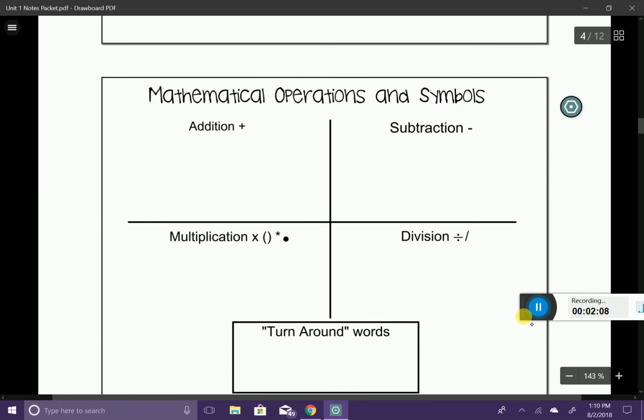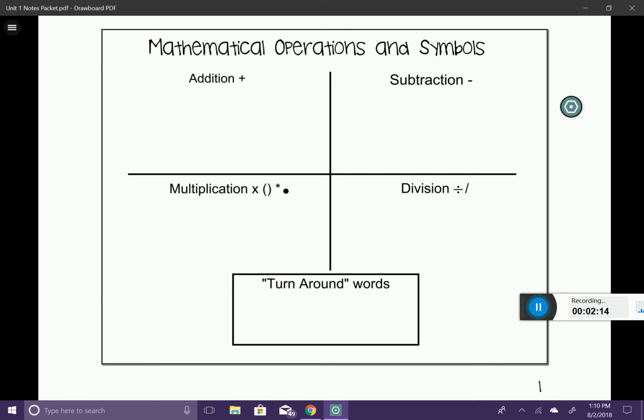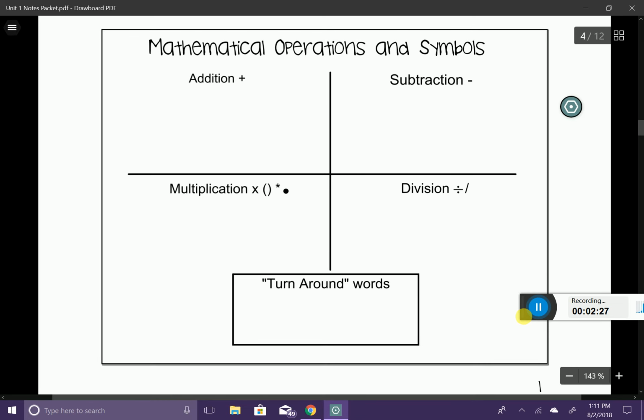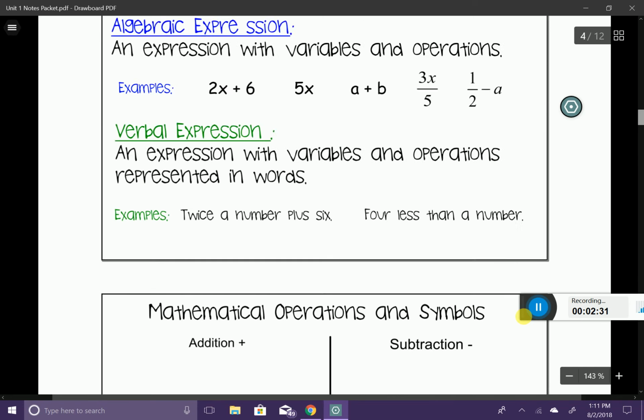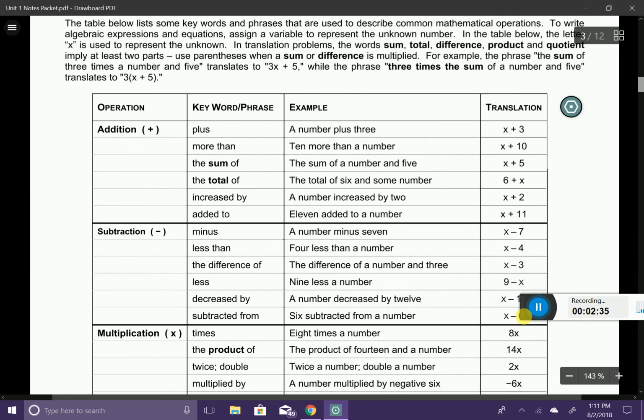on the next slide here, we are going to fill this in class, but what we're going to do is come up with as many different words that represent all of these operations: addition, subtraction, multiplication, division. And then we're going to talk about some turnaround words. Now, just to save you some time in this video, if you flip back in your notes a couple of pages, you'll notice that I put this really great cheat sheet right in your notes.